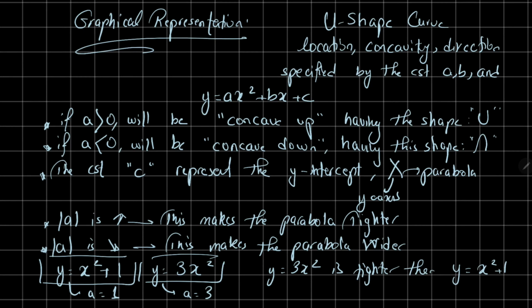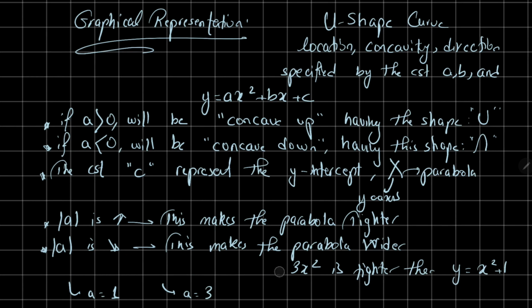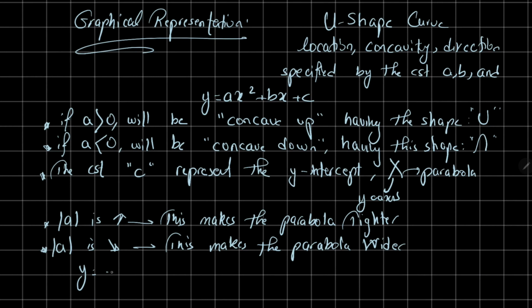This also is applied on the negative a. So let's take the examples of y equals minus x squared and y equals minus 3x squared plus 1. Both are parabolic functions. So for the first parabolic function, a is equal to minus 1. Then the absolute value of a is equal to 1.